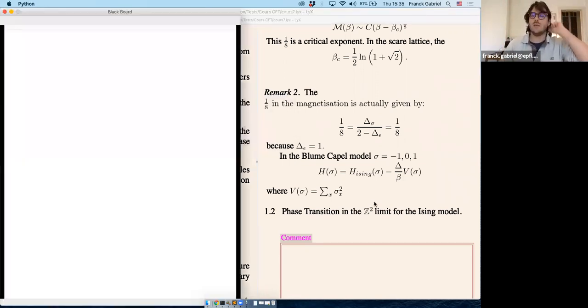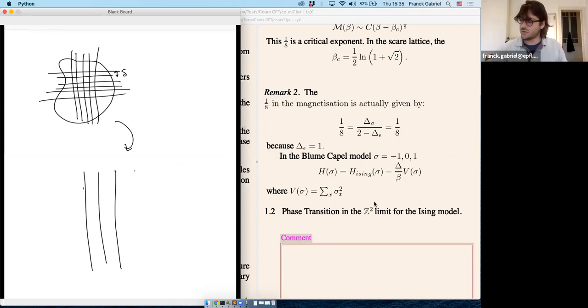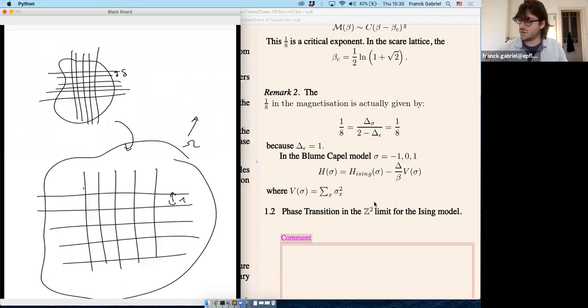But when I do that, I can blow up everything and say that what I'm looking at is the usual grid of size 1, and then I have omega, which converges to C.